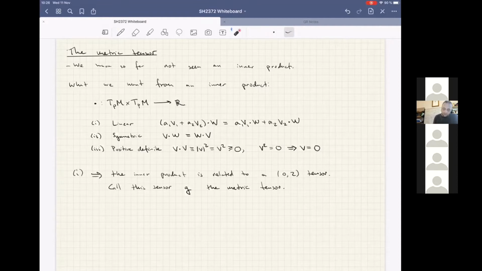And then the other two requirements just put further constraints on the metric. For example, if you look at 2, which is the symmetry property, that just means that if you take G acting on V and W, that must be symmetric, so that should be equal to G acting on W and V.